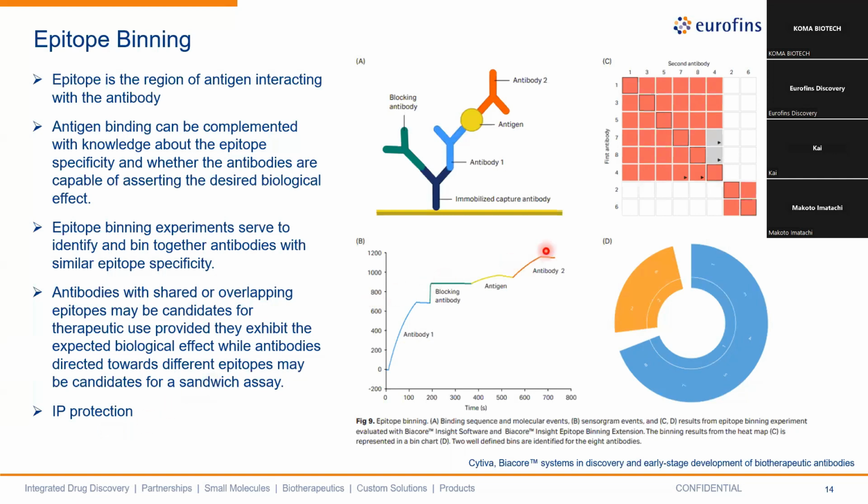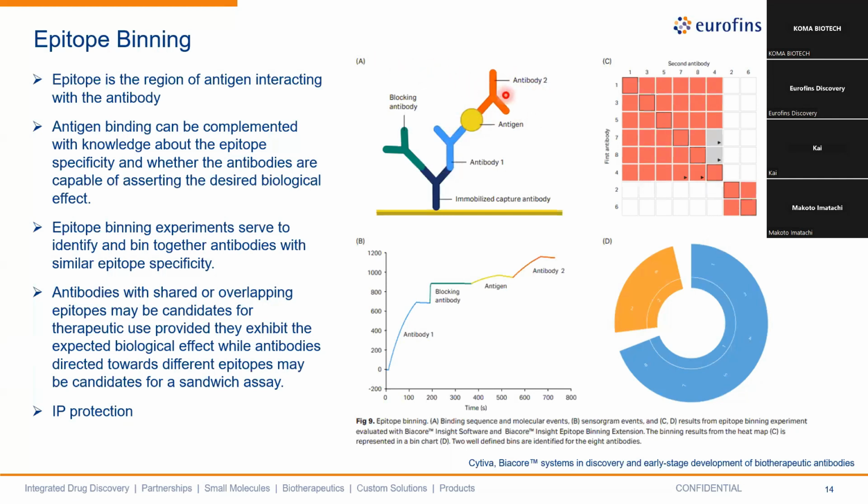The right hand side is the basic design of epitope binning of antibodies in SPR. First, you immobilize the capture antibody that captures the Fc region. Then you capture antibody 1, and then you block the rest of the capture antibody. Then you flow through the antigen. Then you flow through antibody 2.